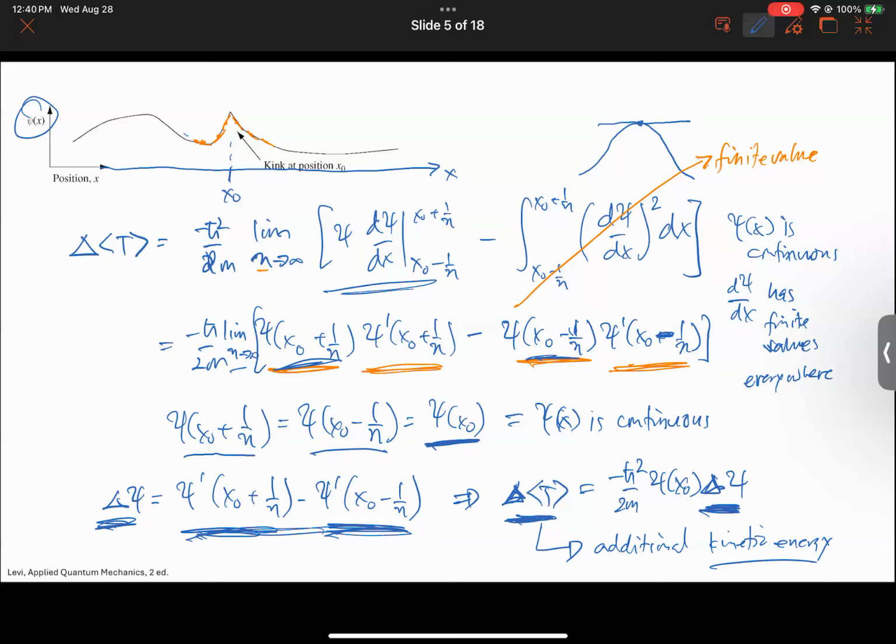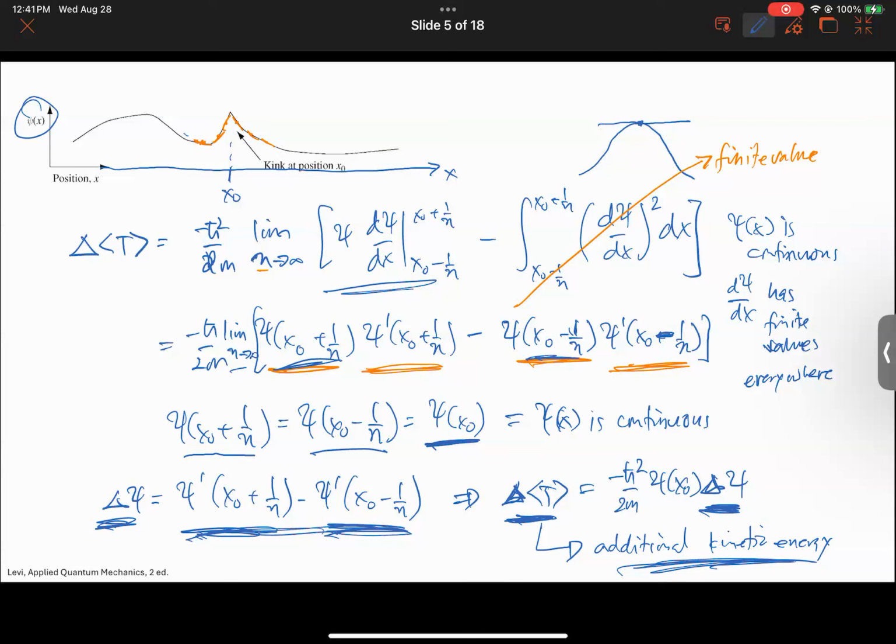So again, although it sounds that it's physically possible, yung pag-add ng energy sa kinetic energy doesn't really make sense kasi yung kinetic energy ay hindi arbitrary. Okay?